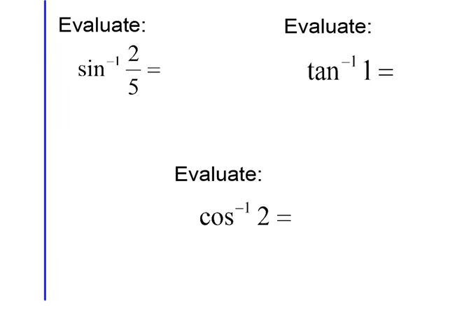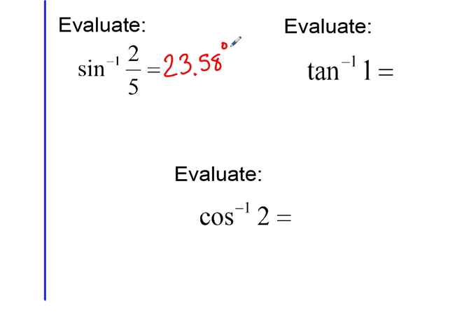Let's try typing these into our calculator. Do it along with me to see if you get the same thing. The inverse sine of 2 over 5 should give you a degree of approximately 223.58 degrees.